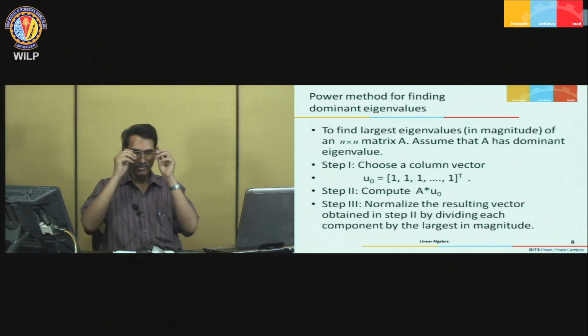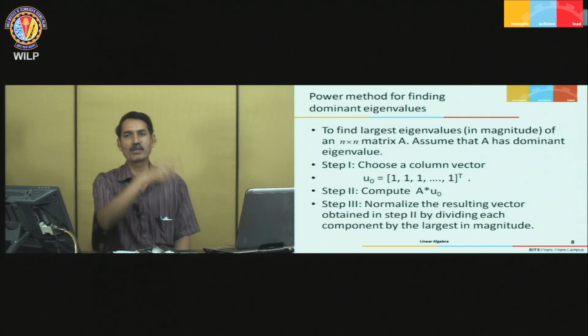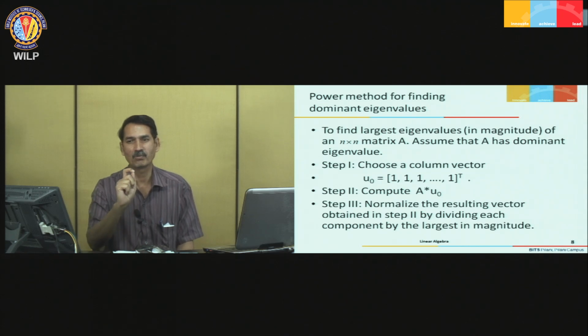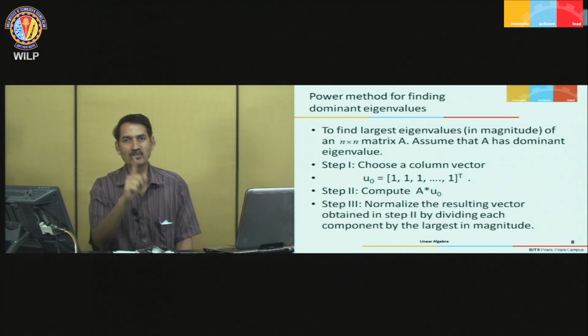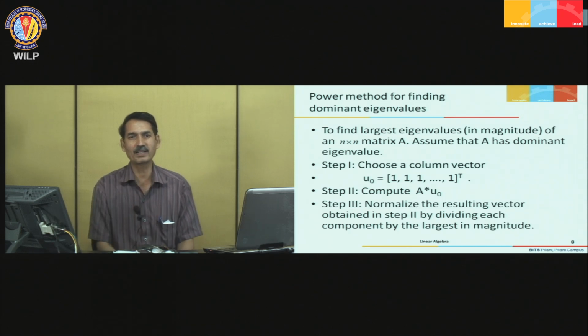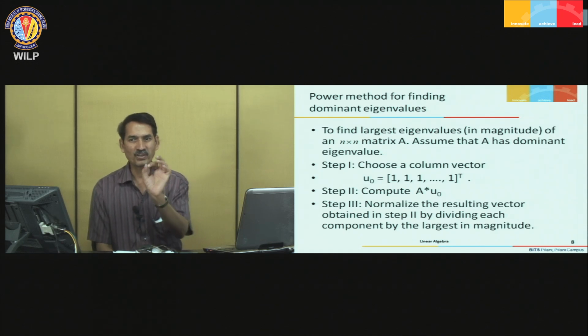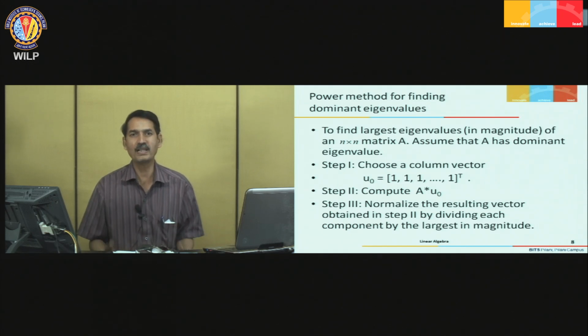Now, we are going to see that suppose there is a matrix A which is having a dominant eigenvalue. This is a very weak condition, I will say, on the matrix A. If we are going to find a dominant eigenvalue of this matrix, the first assumption is that A must have a dominant eigenvalue. So, the first assumption we are making here is that there is a matrix which is having a dominant eigenvalue, and therefore, we are interested to know what is the dominant eigenvalue of this matrix.